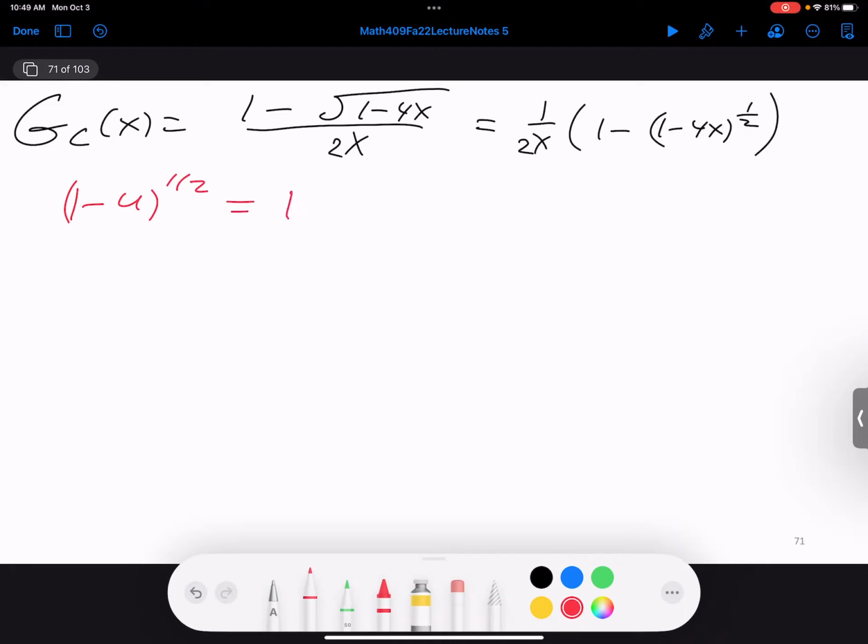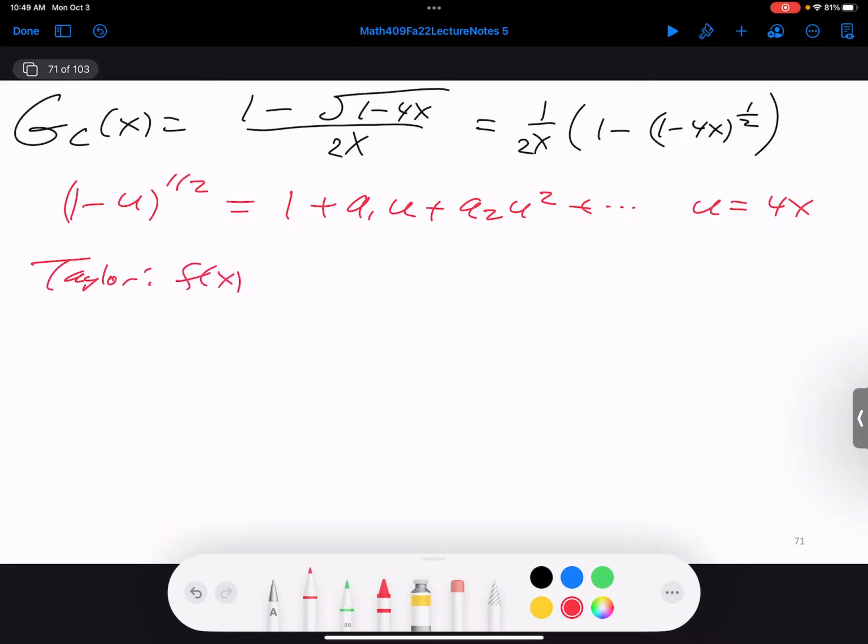It's 1 plus a1 u plus a2 u squared plus ... And for us, u will just be equal to 4x. This is the generalized binomial theorem of Newton. If you don't know the generalized binomial theorem, you have not lived. You need to remedy this. It's a beautiful theorem, but we can prove it by brute force. Roll up your sleeves and just remember Taylor series.